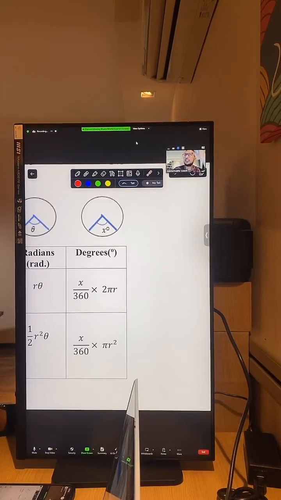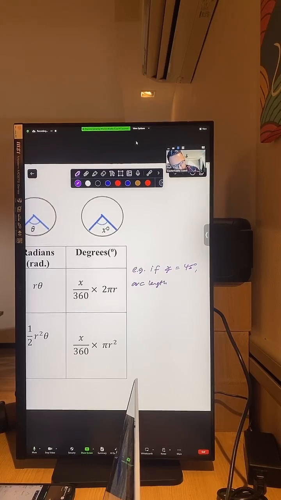So you take x, let's say the angle is 45 degrees. You take 45 divided by 360 times 2 pi r. Example, if angle equals 45 degrees, arc length equals 45 over 360 times 2 pi r. Let's say now your r is 10 cm.